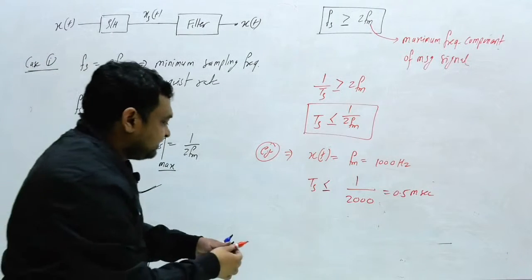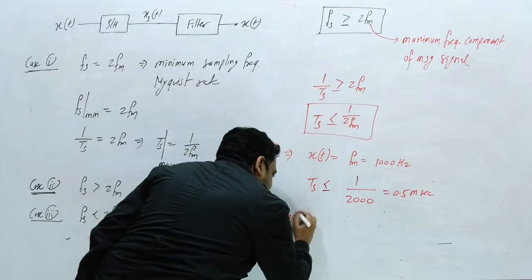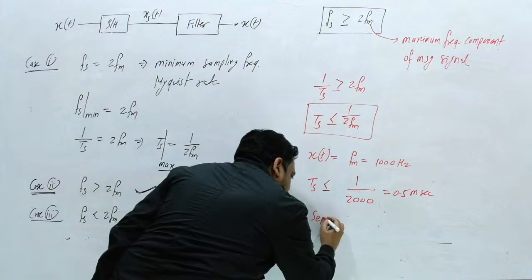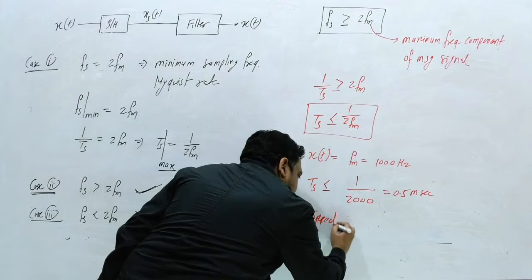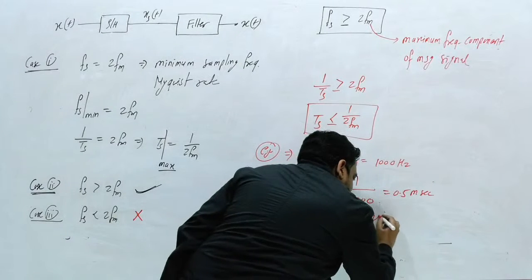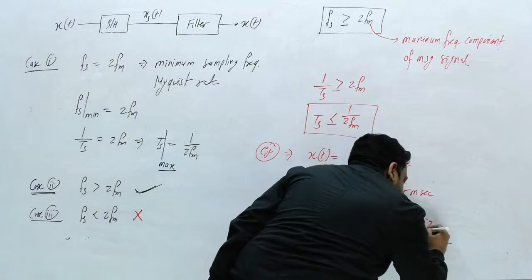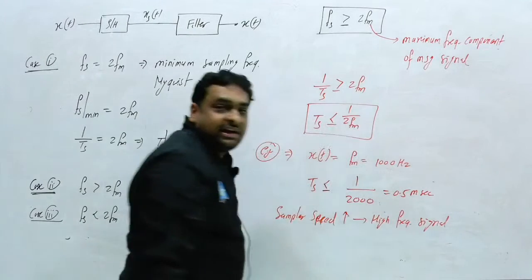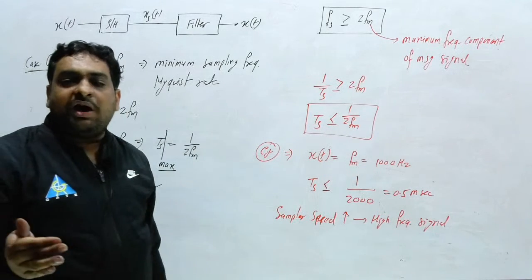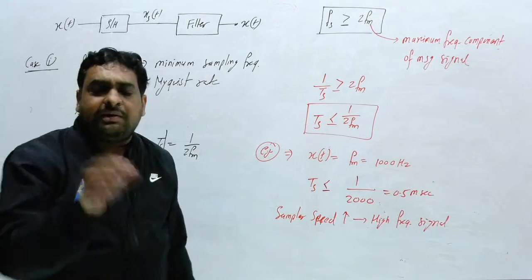So can I say the sampler speed will be higher for a high frequency signal? If you want to transmit a gigahertz signal, a very fast sampler is required.